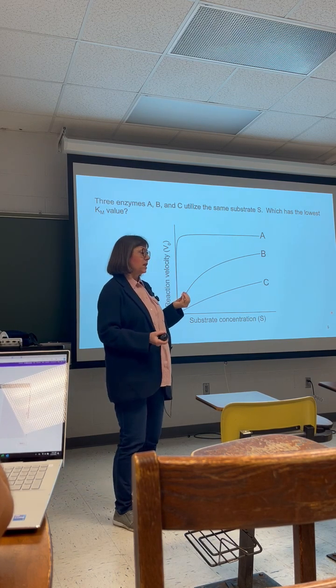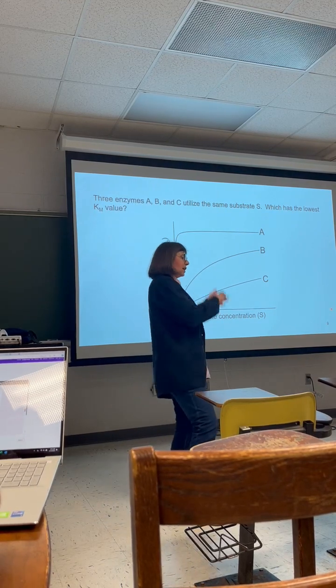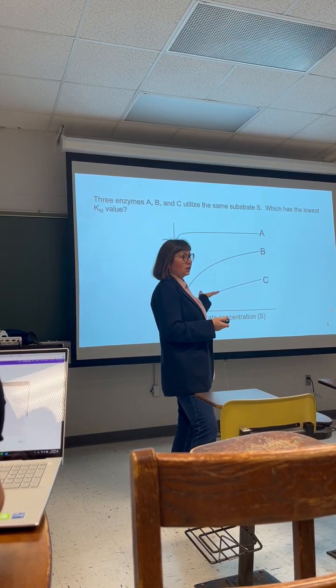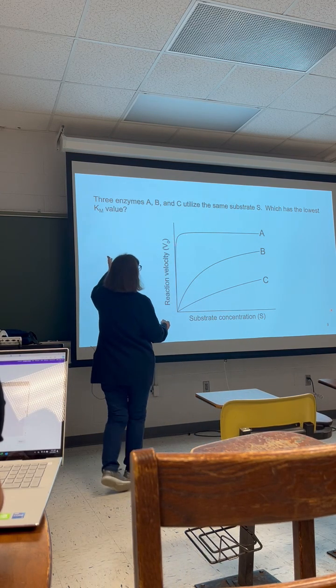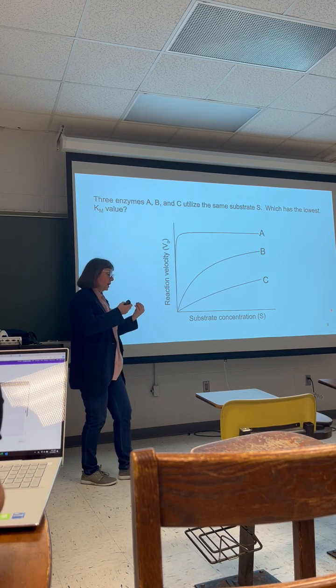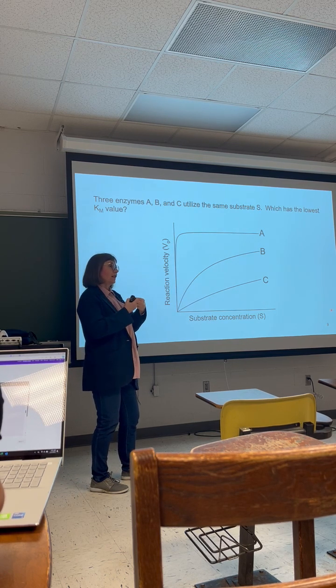So what does it mean? Very little substrate is needed to fully take advantage of the enzyme. Enzyme is doing its job perfectly at very low substrate concentrations here. So it means enzyme binds the substrate very tightly.